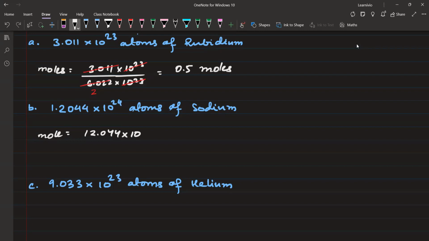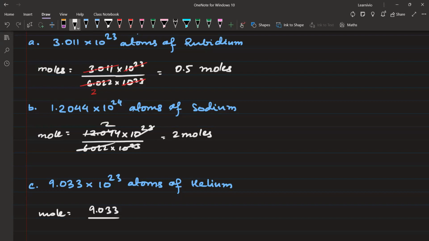Here we have 9.033 into 10 to the power 23 divided by 6.022 into 10 to the power 23. This is a weird number to divide, but if you see, it is halfway between. Leave aside the decimals and look at 6 and 9. 9 is between 6, 7, 8, 9 and 10, 11, 12.